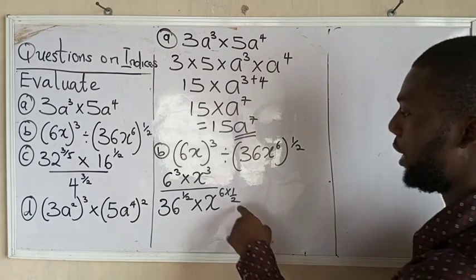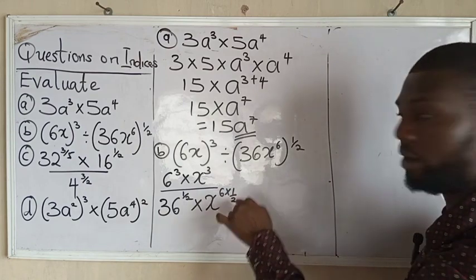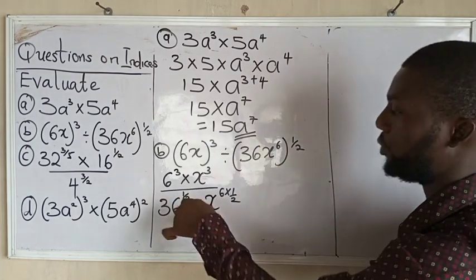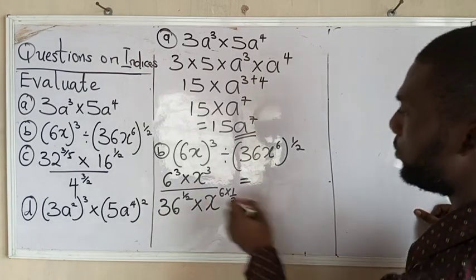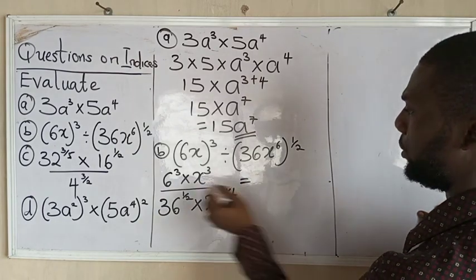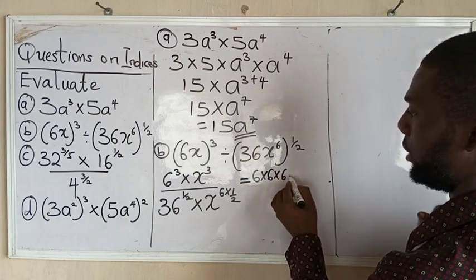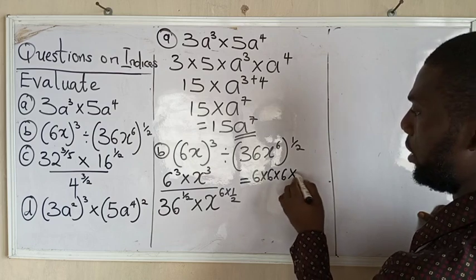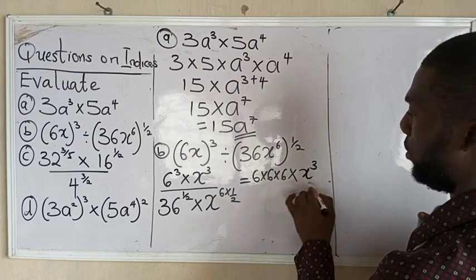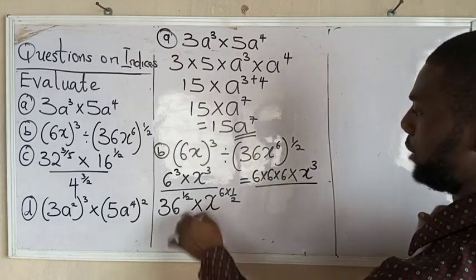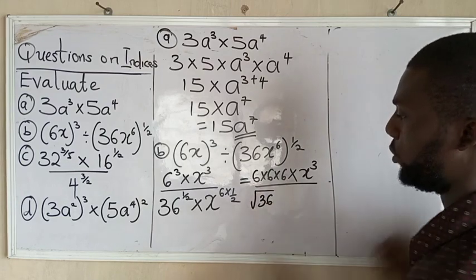So for x raised to power 6, you can see that this is 6 times the half power, which also distributes to 36. If I were to expand, this can be seen as 6 times 6 times 6 times x raised to power 3, over the square root of 36.